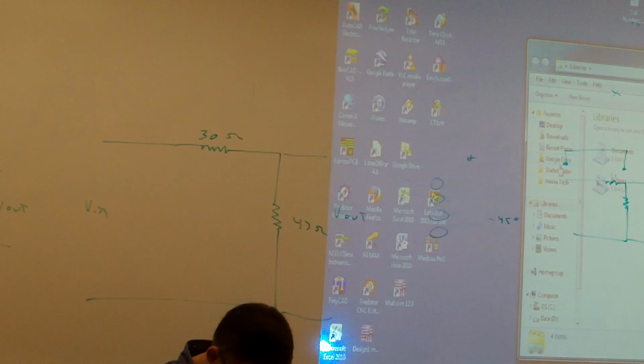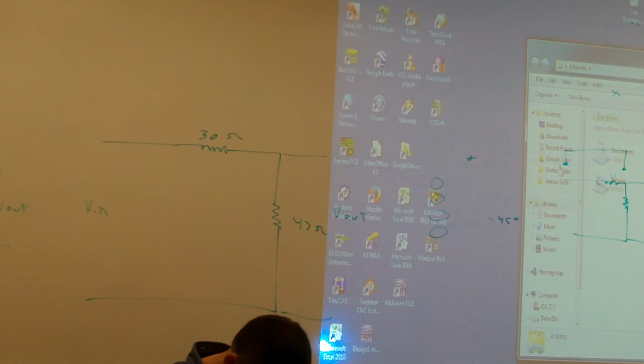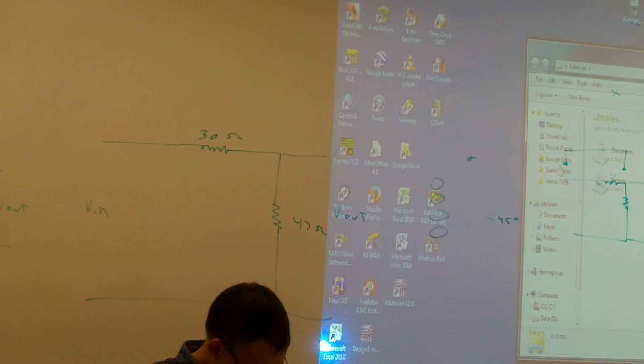Let's see what they're using for it, see how deep they get into it. They don't even get into it. You don't have to do your vectors on the parallel one. That one's pretty straightforward.